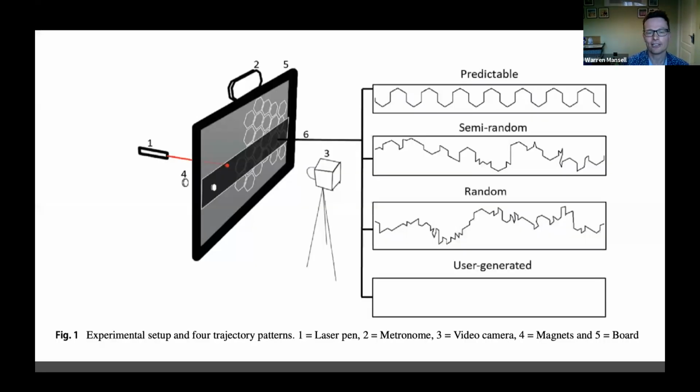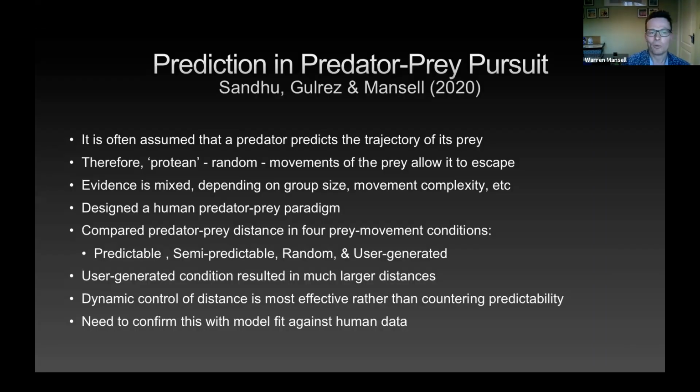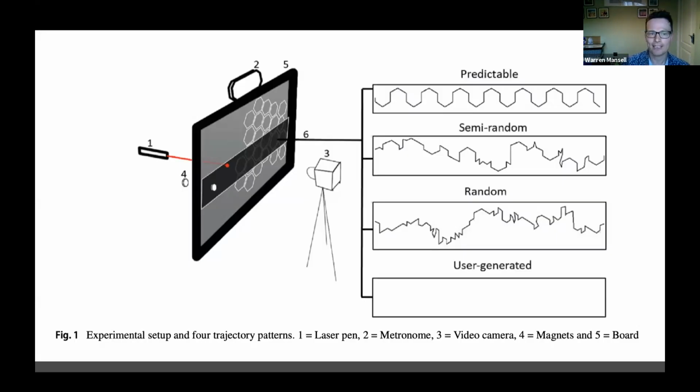And here's the task. One of the users was operating a magnet that was shifting a marker on the screen in a hexagonal kind of gameplay scenario, in 3D. The other user had a laser pen as the other agent, and they had to chase each other from left to right.